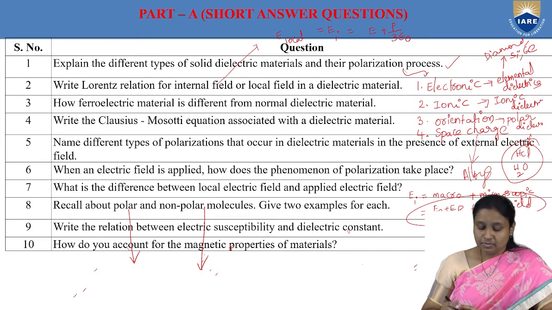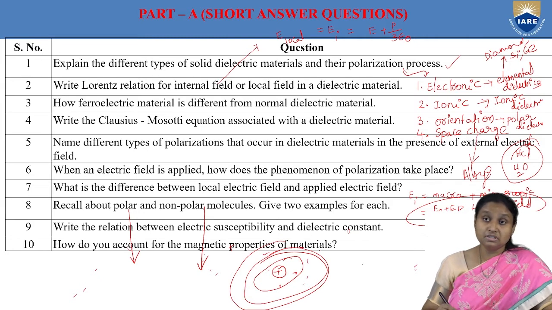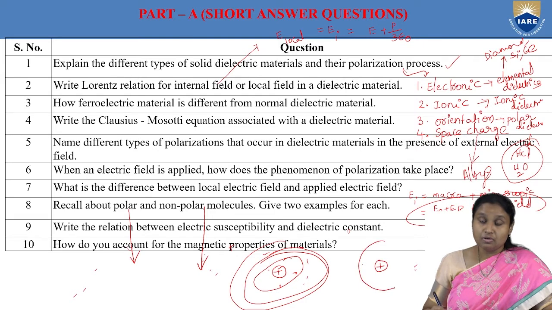For that, one example I'll take is an atom. We know that we have a positively charged nucleus, and around this nucleus we have electrons revolving in various orbits, and this distribution of electrons in various orbits is taken as a spherical electron cloud.